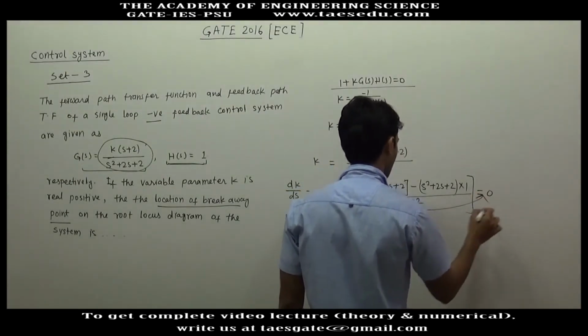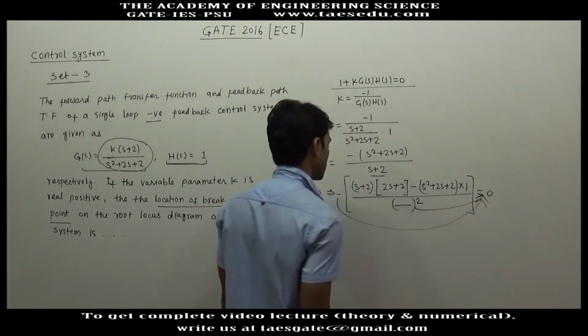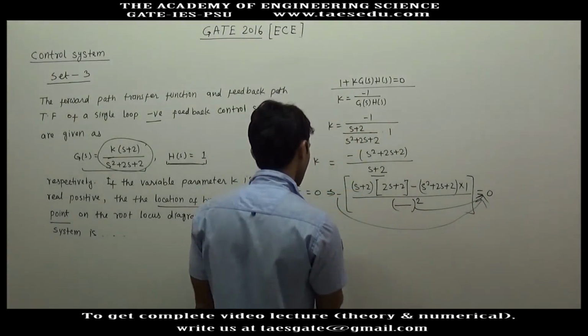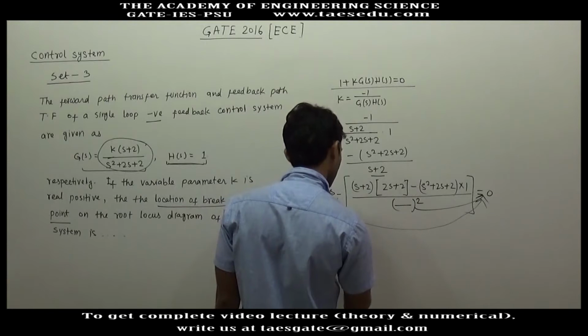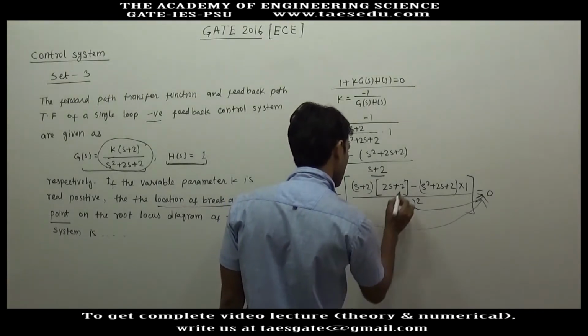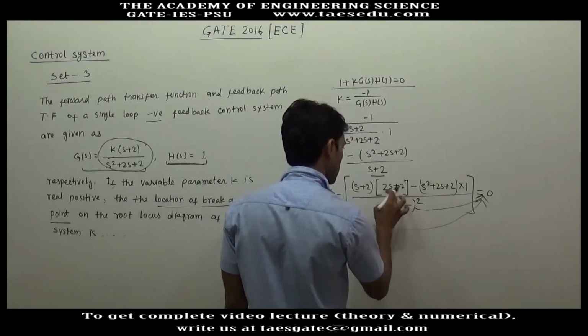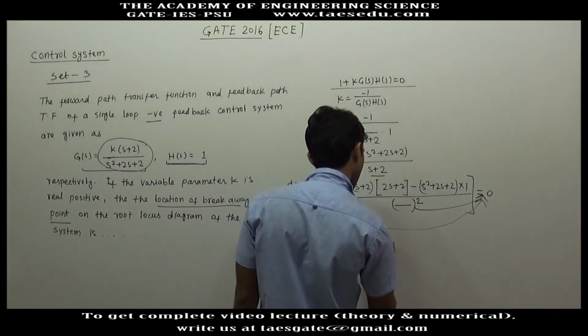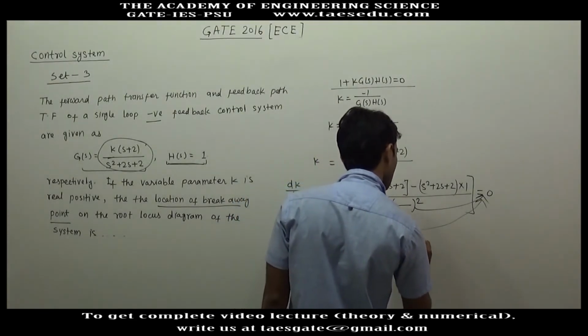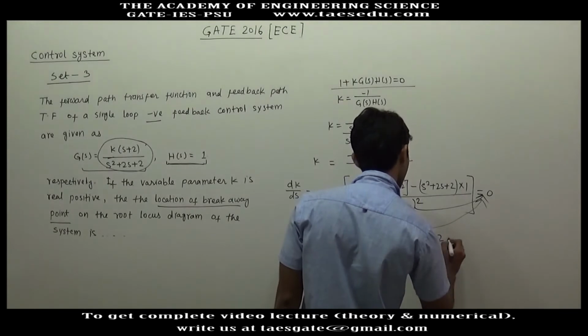So this will go to 0, minus will go to 0. So here we have 2s square plus 4s plus 4 minus s square minus 2s minus 2 equal to 0.